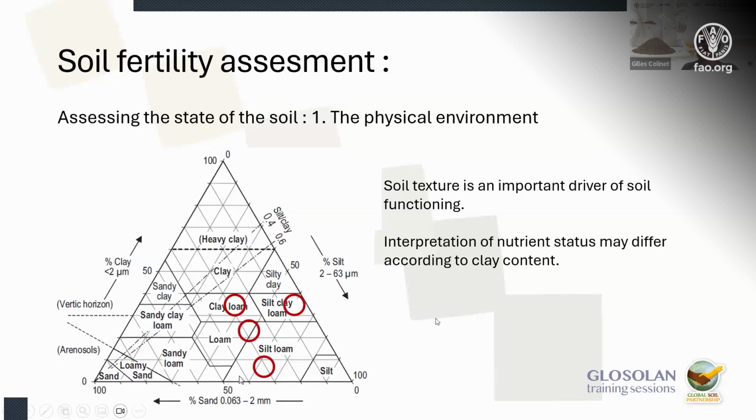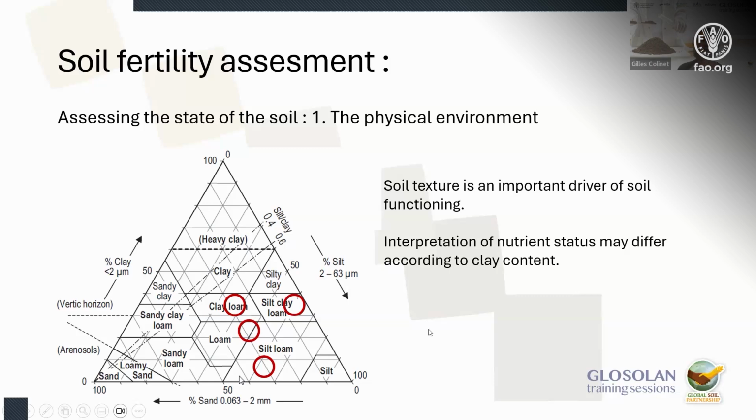Here, we made the first analysis of the Ukrainian soils that we have, and looking at the various results that we already have, we have 4 groups of texture. One is silty clay loam, one is clay loam, one is loam, one is silt loam.